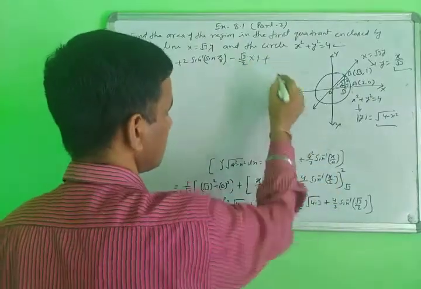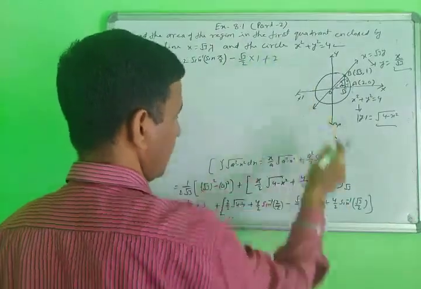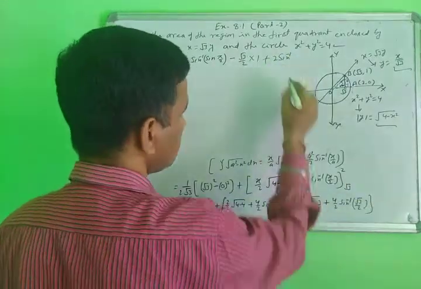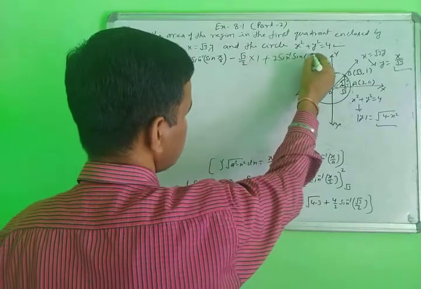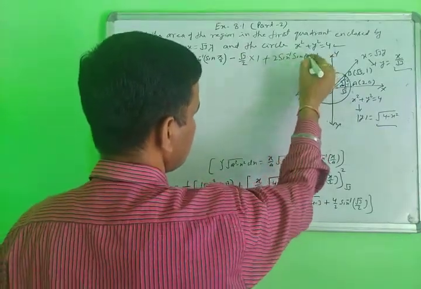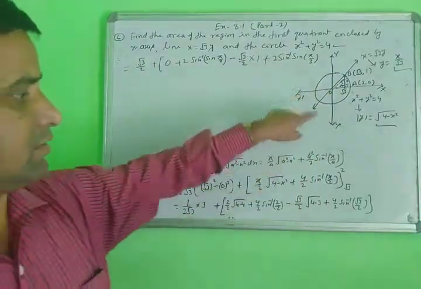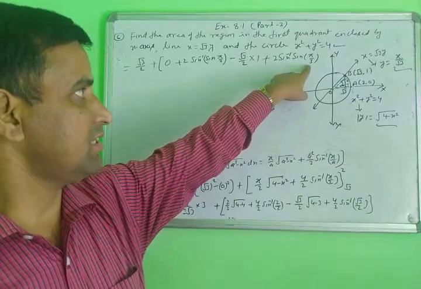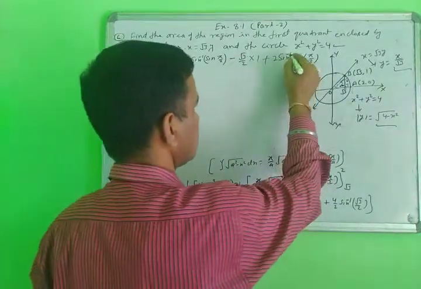plus 4 by 2 is 2, and sin inverse of what value? Root 3 by 2 is sin 60, and 60 means pi by 3. So you can write sin pi by 3.